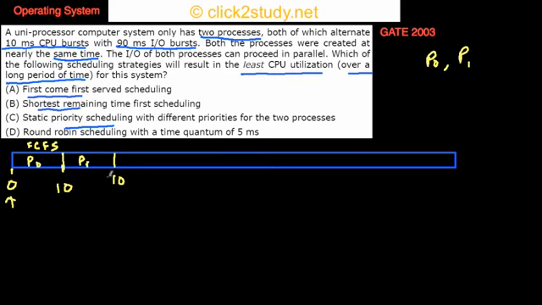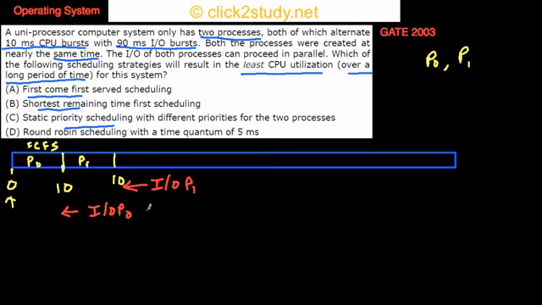But just after P0's burst ended, IO for P0 started, and after P1 is done, IO for P1 starts, and then these IOs can go in parallel.